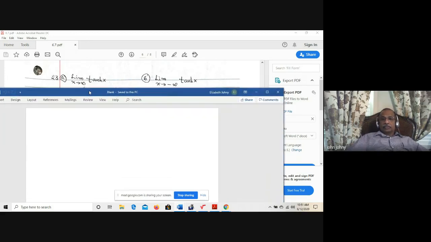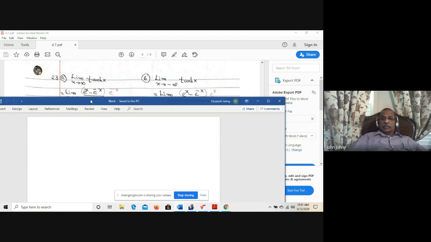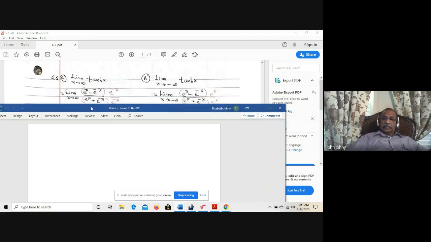B part. Limit x approaches negative infinity, tanh x. That is limit x approaches negative infinity, e to the x minus e to the negative x, all divided by e to the x plus e to the negative x. Multiply numerator and denominator by e to the x.